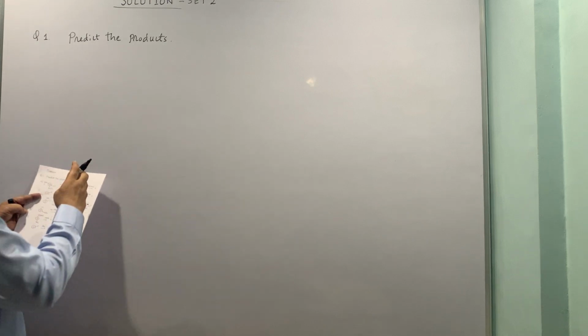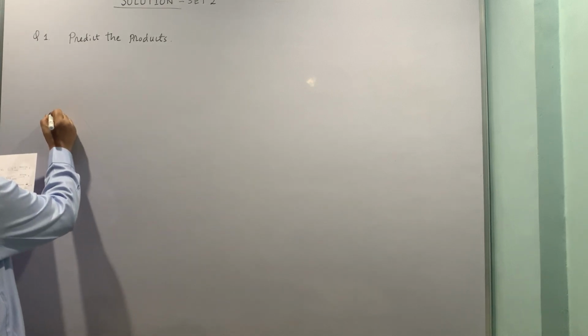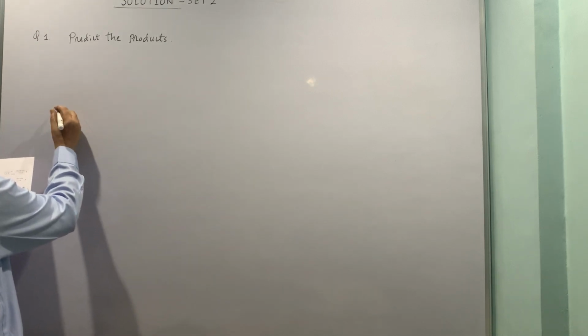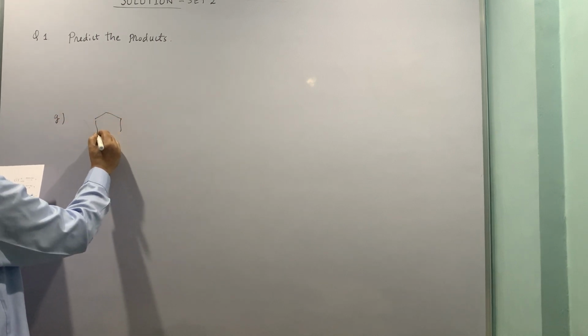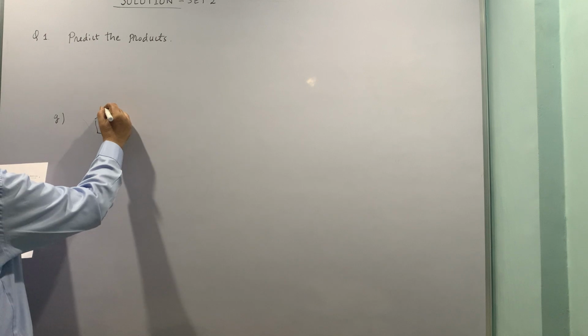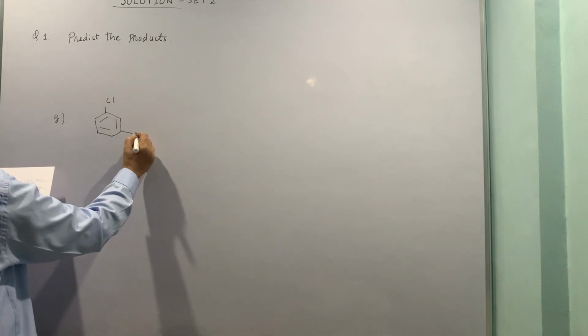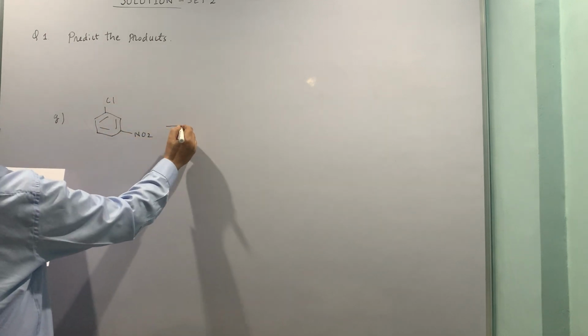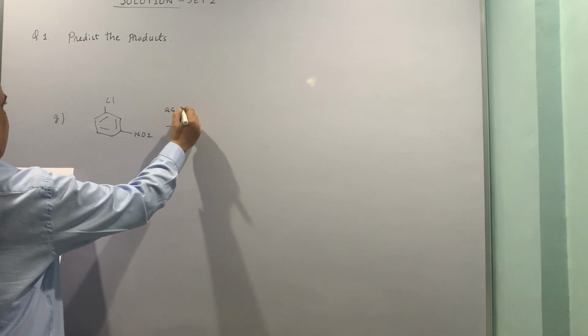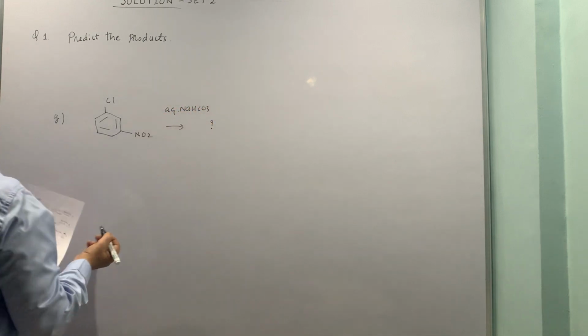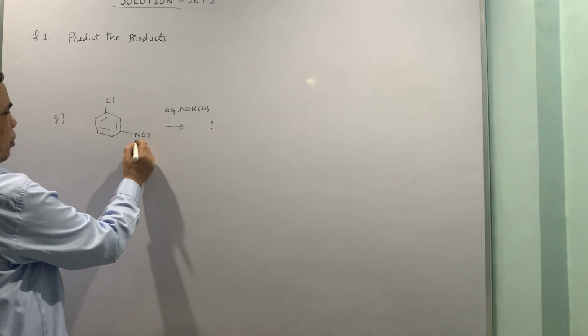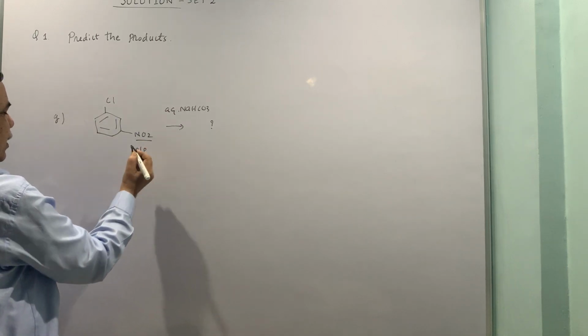Next example was given as Cl, NO2 and aqueous bicarbonate. Now NO2 group is ortho-para directing group when it comes to nucleophilic substitution.